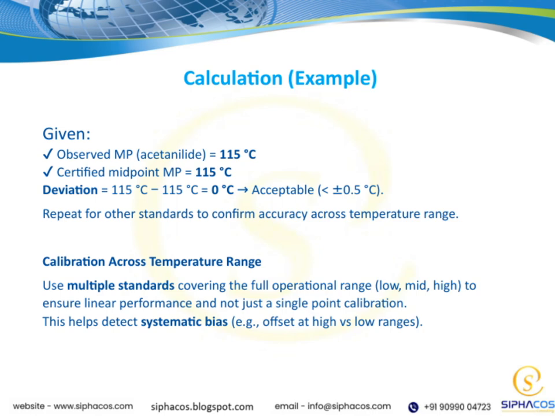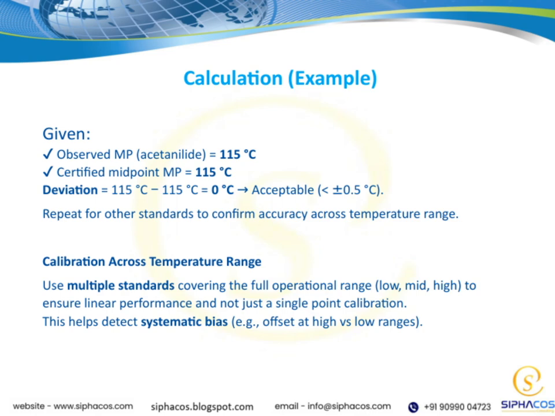Since 0 is well within the acceptable range of less than plus or minus 0.5 degrees Celsius, we can consider this measurement accurate. But remember, it's important to repeat this process with other standards across the entire temperature range you will be working with. This helps confirm the accuracy of your calibration throughout the spectrum, not just at one point.